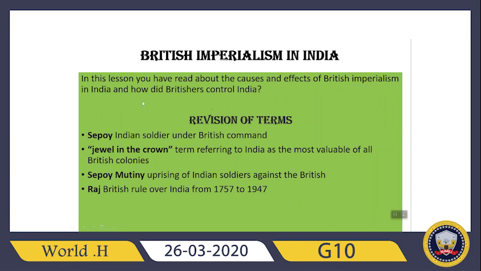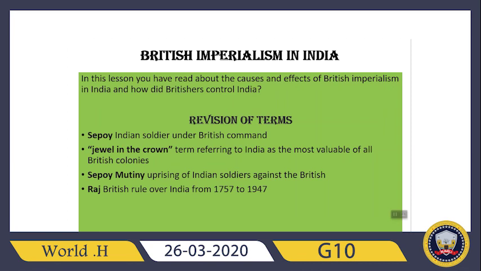Okay, so the main term I picked up is sepoy. Who was a sepoy? It was an Indian soldier under British command. It was Indian, but it was under the command of the British. Okay, then jewel in the crown. This term was used for India because they considered this land the most valuable of all British colonies.